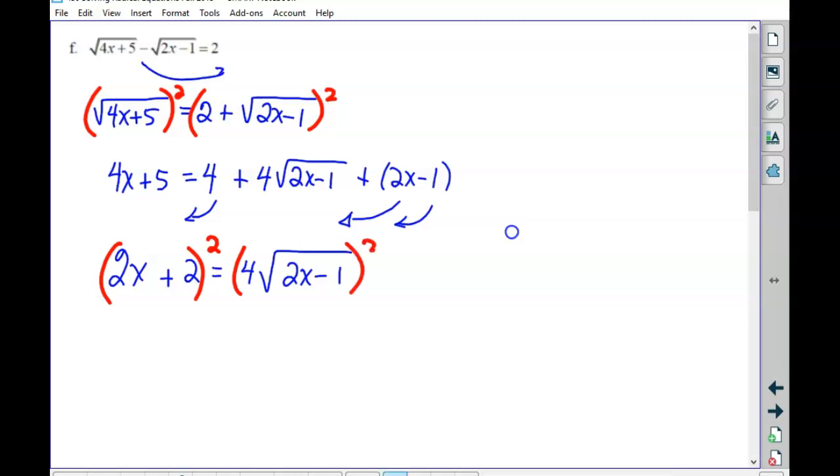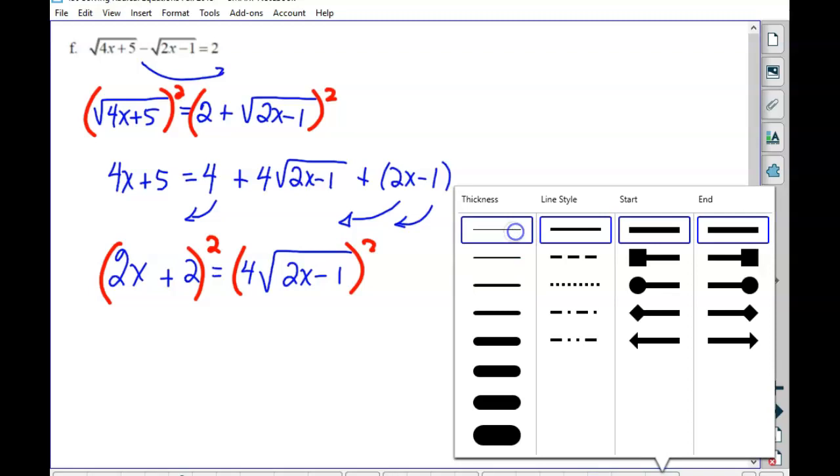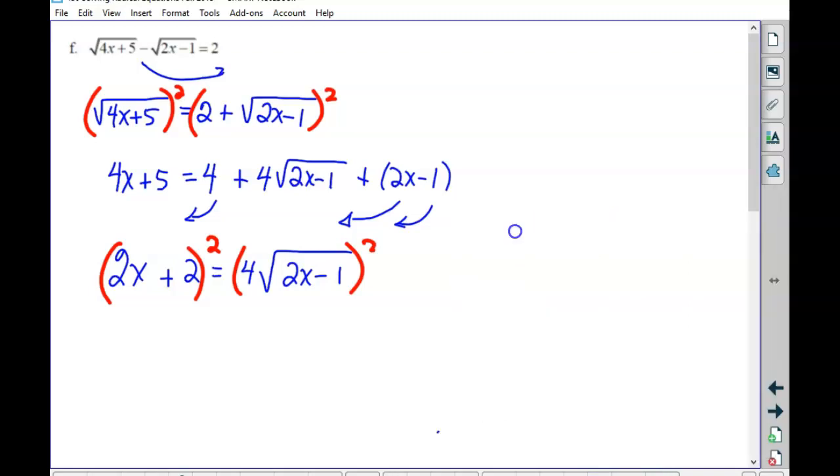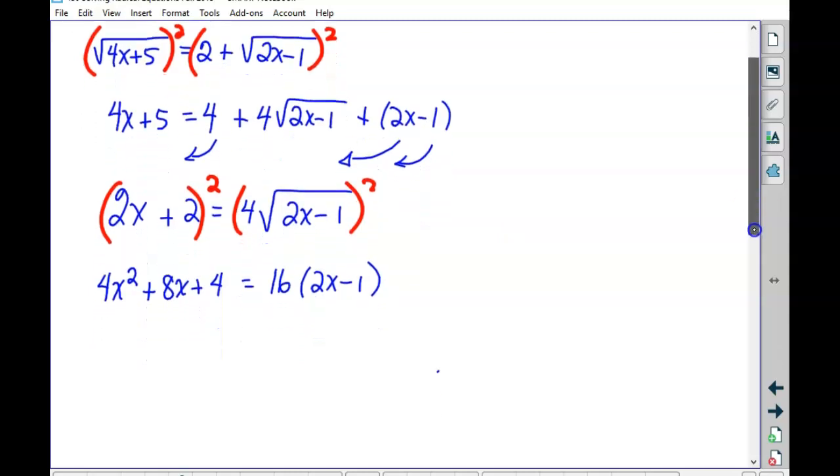we'll square both sides. And again, we have 4 terms, so 3 terms. 4x squared plus 8x plus 4 on the left. 16 times 2x minus 1 on the right. Expand the brackets. It's quadratic, so get everything on one side.